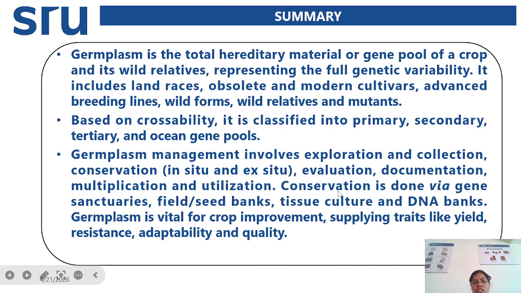Next is conservation. This conservation is done in gene sanctuaries, gene banks, tissue culture, and DNA banks. Generally, germplasm is very important for crop improvement, to transfer traits like yield, resistance, adaptability, and quality from wild species to cultivated species. So this is about the lecture.